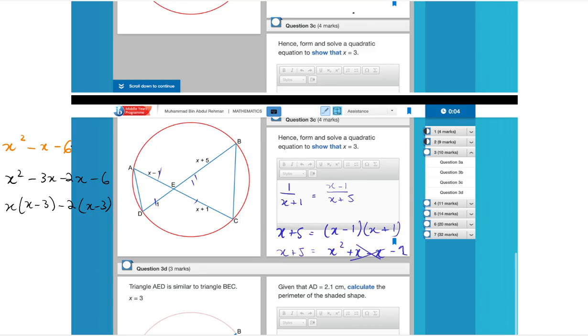No, I think I'm doing something wrong here. Minus 3x plus 2x, sorry, plus 2x is what it should be. And here we'll have x plus 2. So we have two brackets, x plus 2 equals 0 and x minus 3 equals 0. So one x value is negative 2 and the other value should be positive 3, right? Now, of course, x cannot have a negative value. X is supposed to have a positive value, okay? So, yeah, x equals 3 and we've proven it.